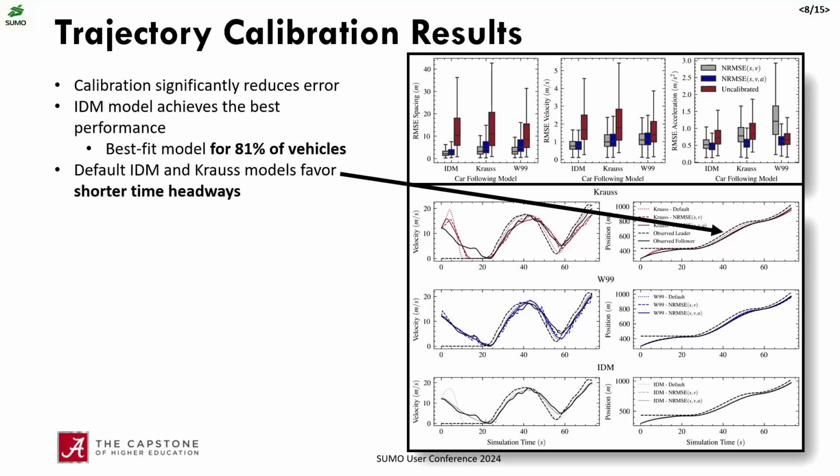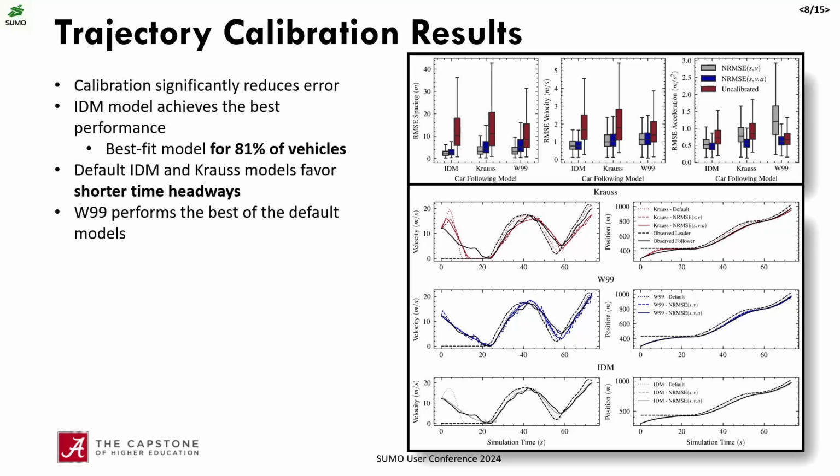All of them favor slightly shorter headways than we observe in the network, but IDM and Krauss especially, and we see that in the positional data over here. It's really hard to see, sorry about that. I shouldn't have used that gray color. It's also apparent that by default, when the vehicle stopped, IDM and Krauss both accelerate into the stopped vehicle, whereas W99 does a little bit less.